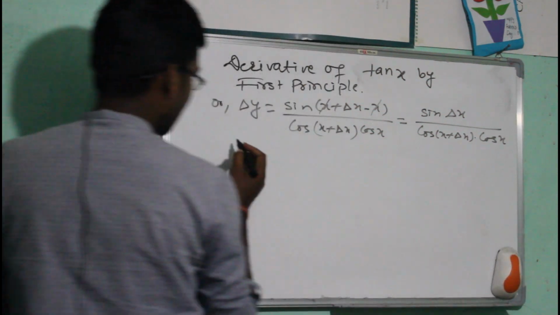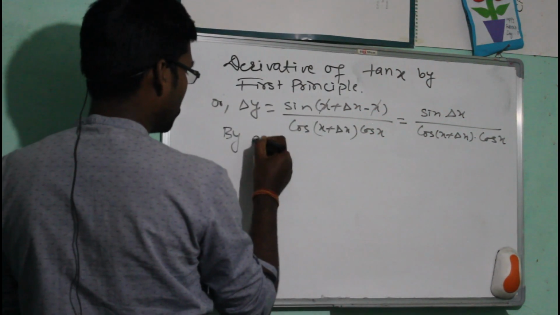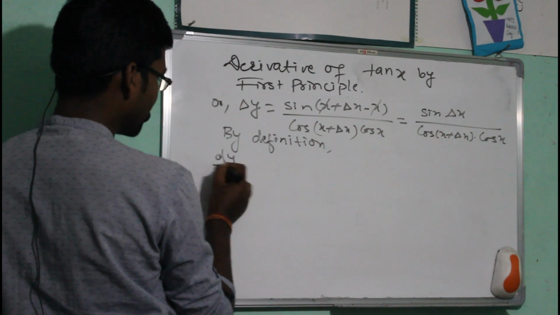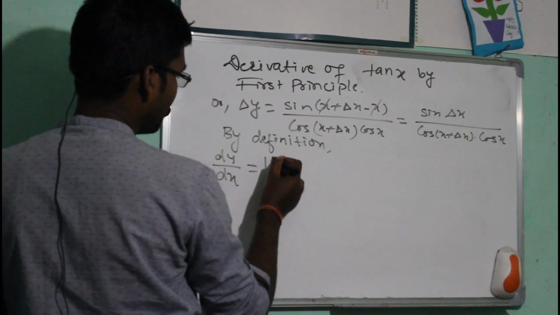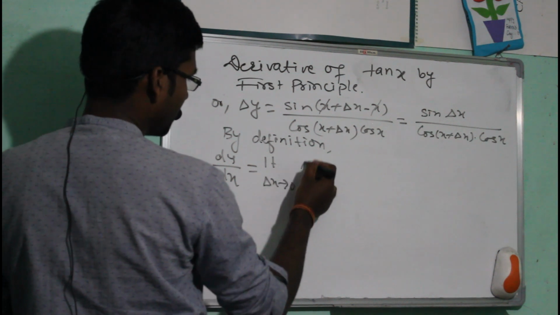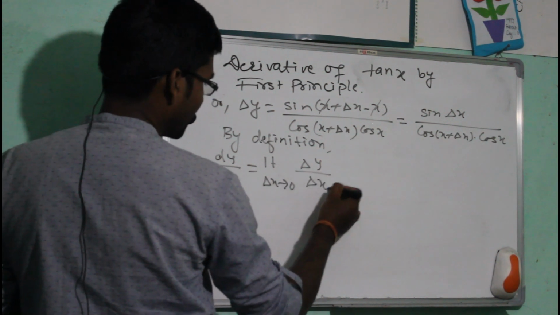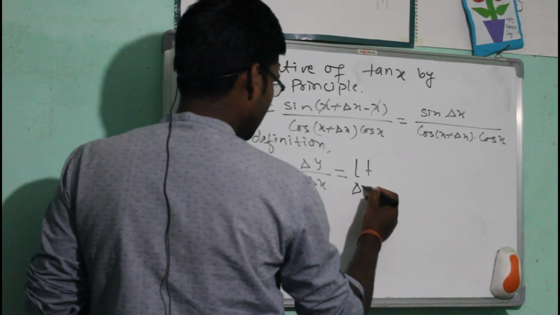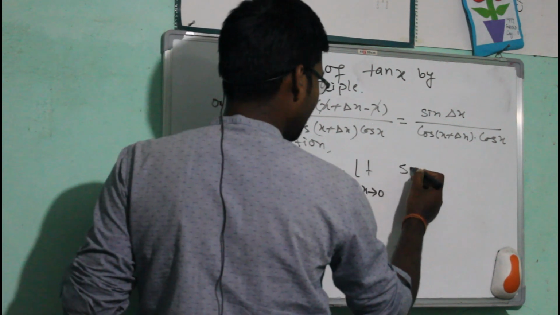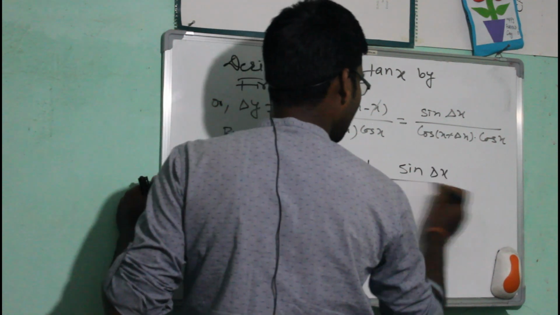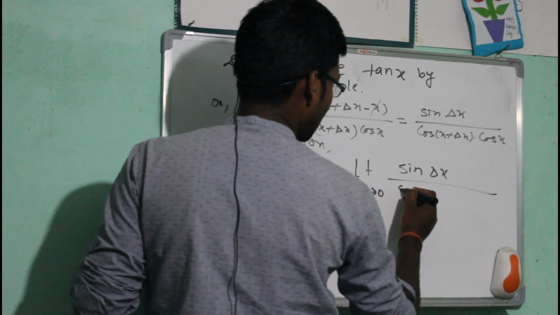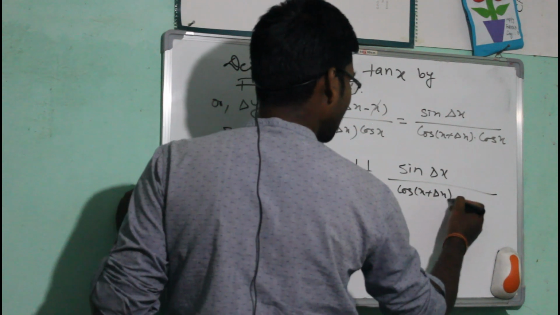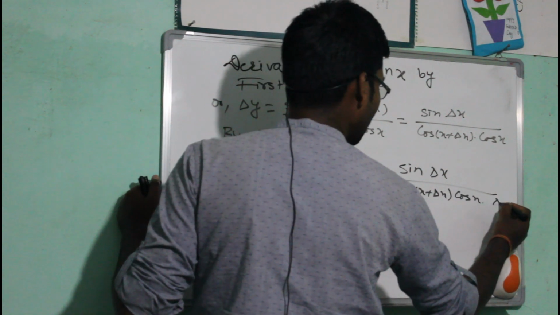Now we'll write by definition, we have dy by dx equals limit delta x tends to 0 delta y by delta x, and if we substitute the value of delta y, we'll get limit delta x tends to 0, delta y is here simply sine delta x by cos (x plus delta x) cos x and delta x.